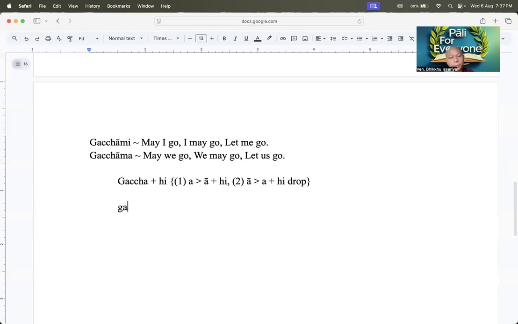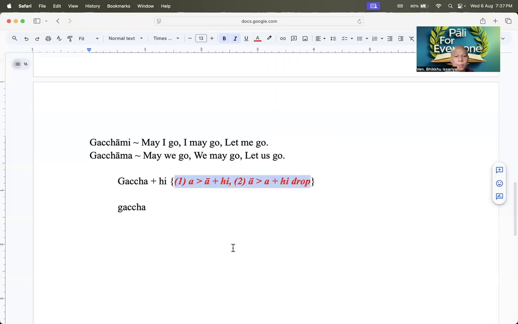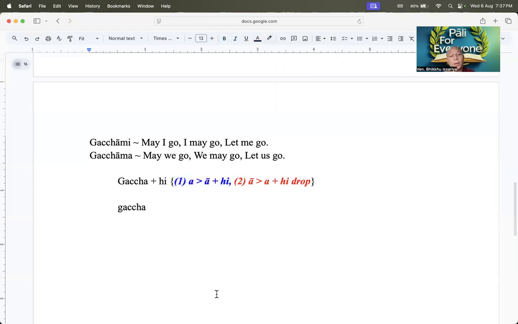So for example, gaccha. According to the pathway, like gaccha and then hi.